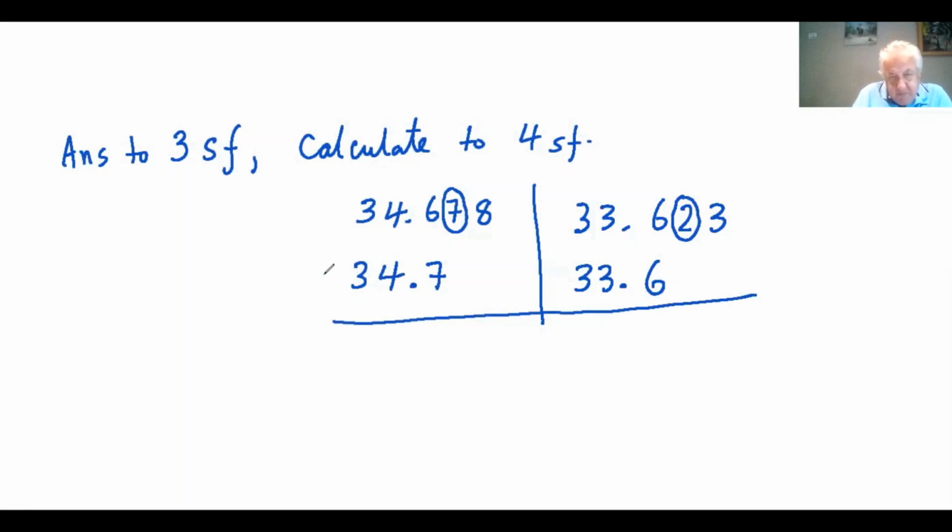One other thing though, when we're calculating to 4 significant figures, and you punch into your calculator, quite often your calculator will give you quite a few significant figures. Since you're going to round off to 3 significant figures, it's not strictly necessary to do this. But I've noticed a lot of students in the past like doing it. So when they do the calculation, they see this on the calculator, and they're doing the calculation to 4 significant figures.